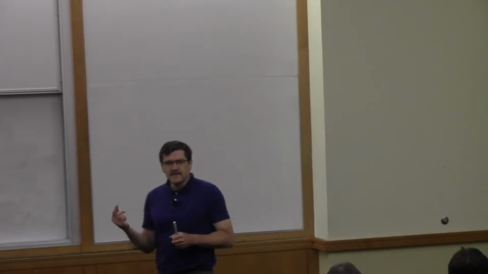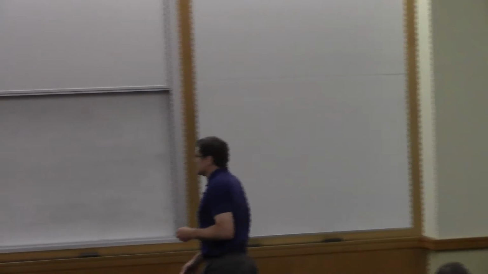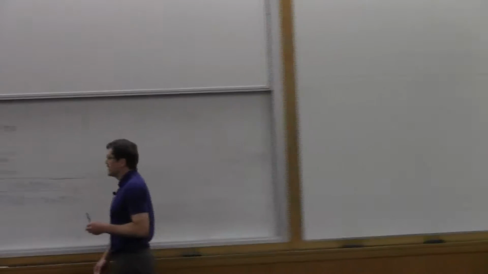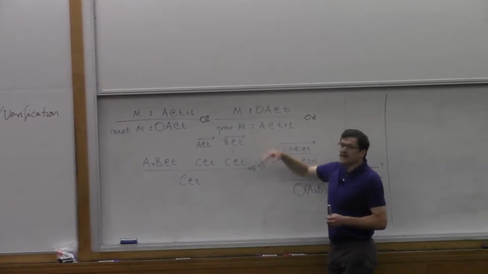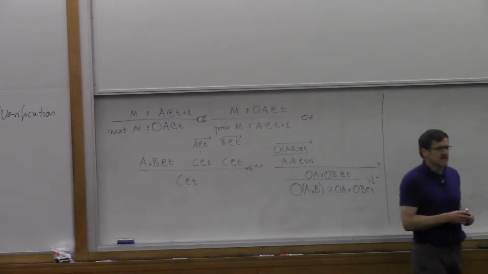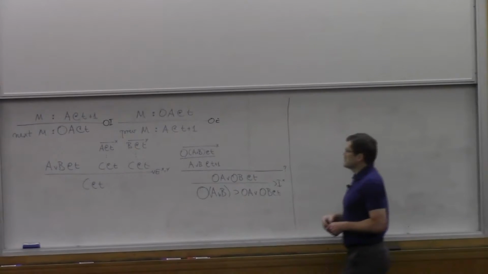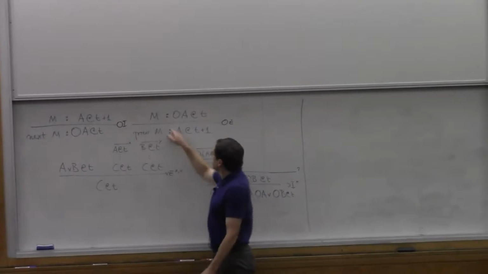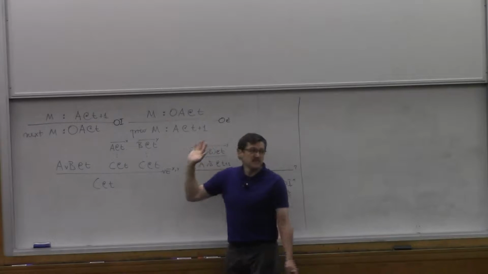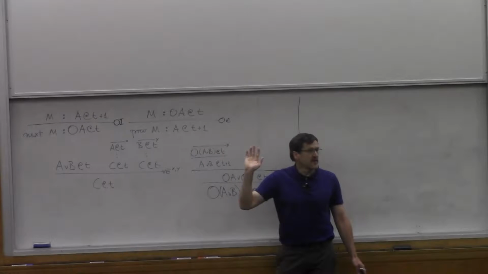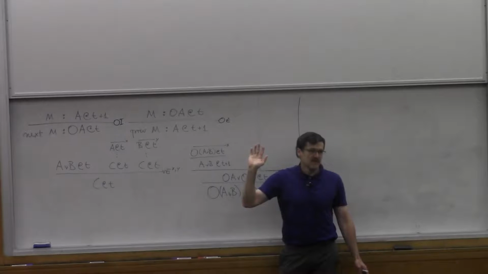Local soundness, of course. So we want the elimination rule to be sound with respect to the introduction. We need to show that any way to introduce the connective followed by any way to eliminate it can actually be reduced. Okay. So what does this correspond to here? Well, if we introduce it and then eliminate it, we get back what we started with, namely A at t plus 1. So it should be okay, right? Because we already have evidence of that. Everybody believe this by now? Or do I have to write it out?